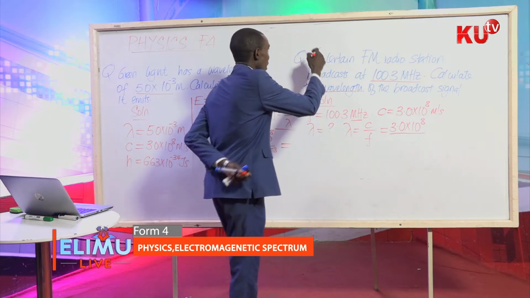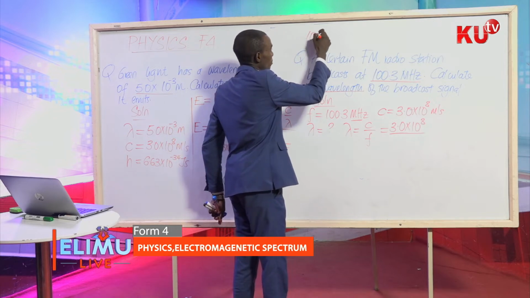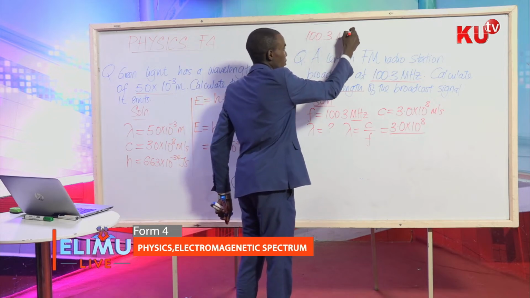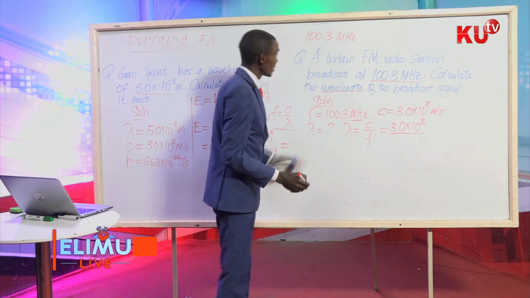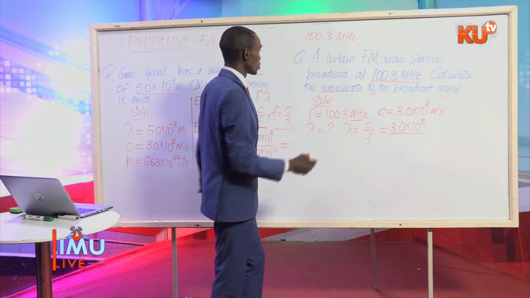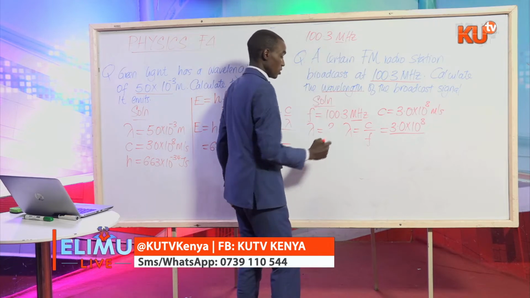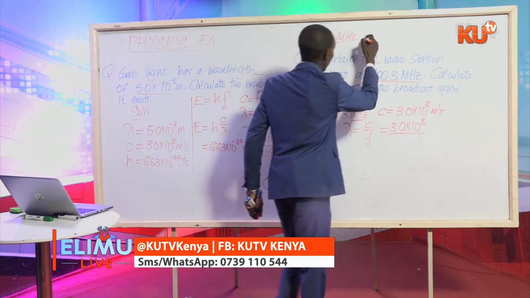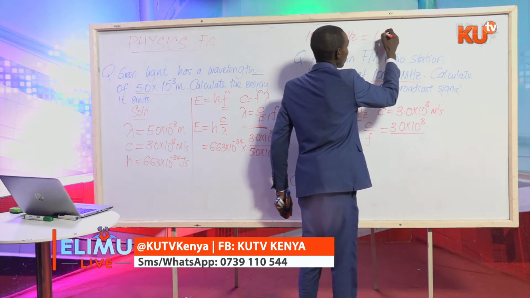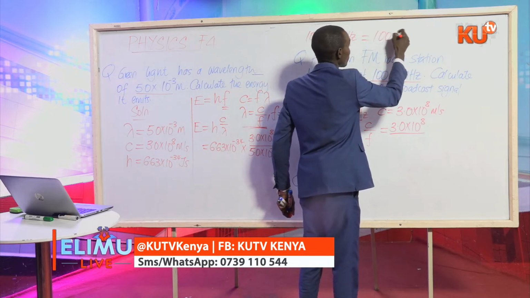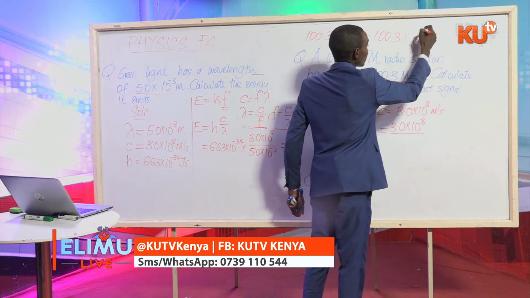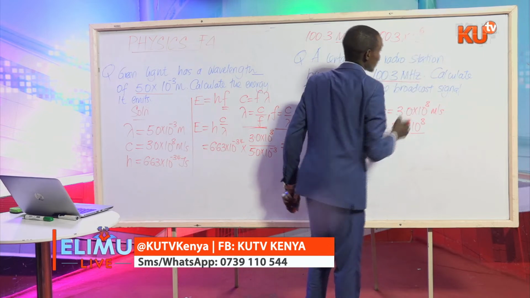Like when you say, I'm tuning on 100.3 megahertz on the FM. What that means is that this is transmitting at a frequency of 100.3 million hertz. So if you write this in actual numbers, you just have to say it is 100.3 times 10 to the power 6, since mega means power 6.